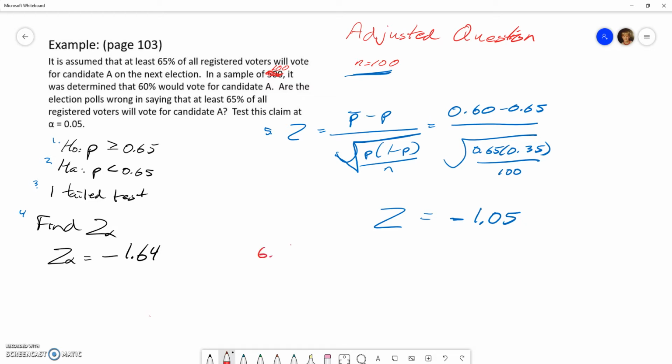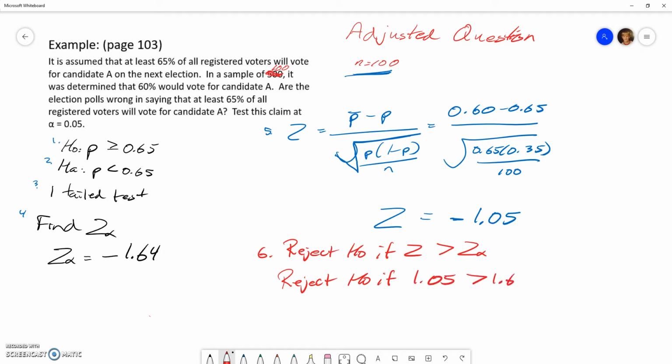So remember, our decision is to reject the null hypotheses if the test statistic is greater than the critical value, assuming that we just changed the Z values to be positive. So we're going to reject the null hypotheses if 1.05 is greater than 1.64. It's not, so we cannot reject the null hypotheses.